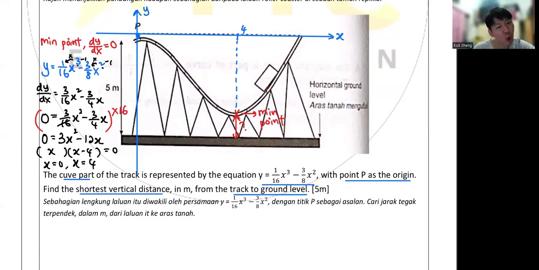5 marks. Okay, continue. So use a 4 in back to the curve, find the y. 1 over 16 times 4 to the power of 3 minus 3 over 8 times 4 squared.